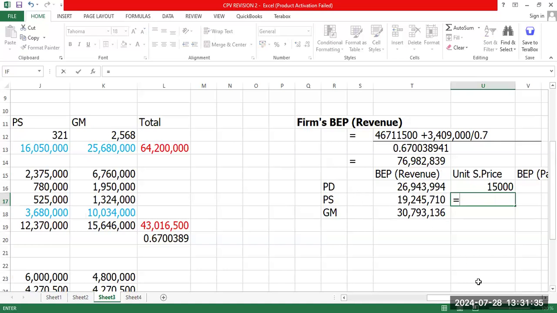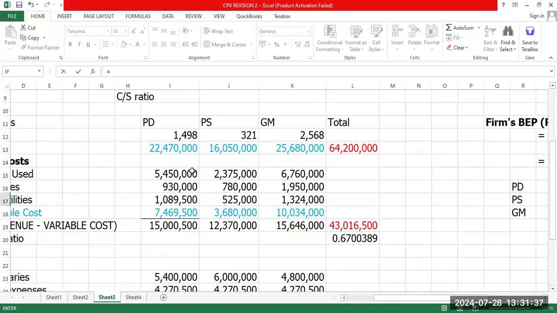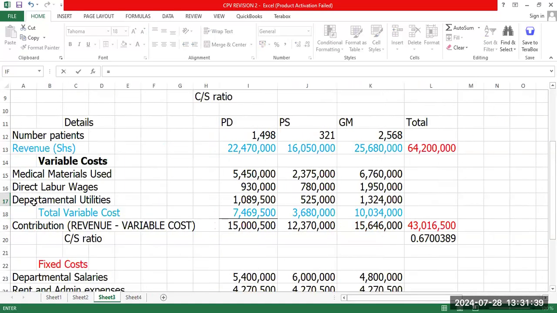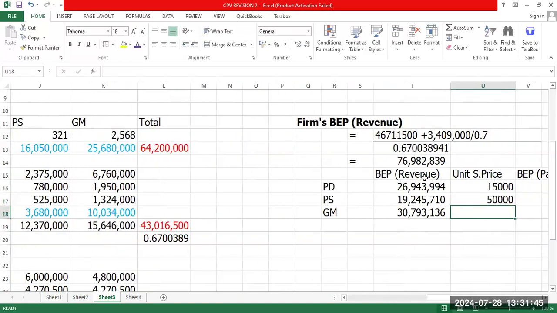I do the same here. I get my revenue, which is this, divided by this. Then I also do the same, revenue is here, I divide by this. So that is basically my unit selling price.